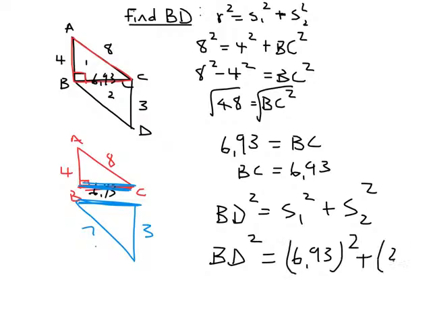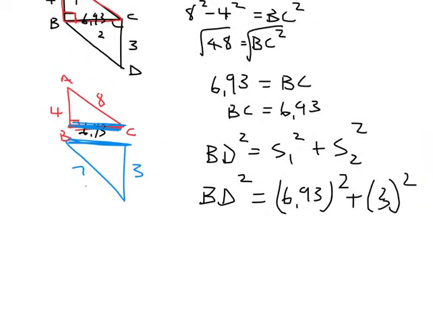Then you've got side 2, which is 3, you square it. Remember, it is BD squared that you are working on. So in brackets you have 6.93, you close, you square, plus 3 squared, equals, then it gives you a value which is 57.0249. Don't round it as yet because this is not your final answer.